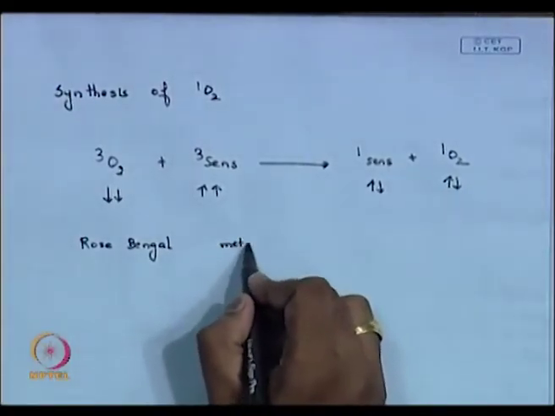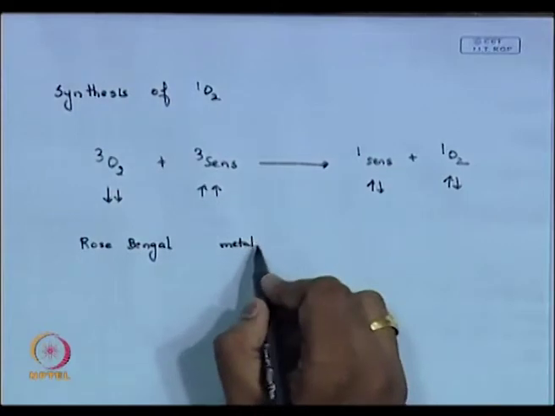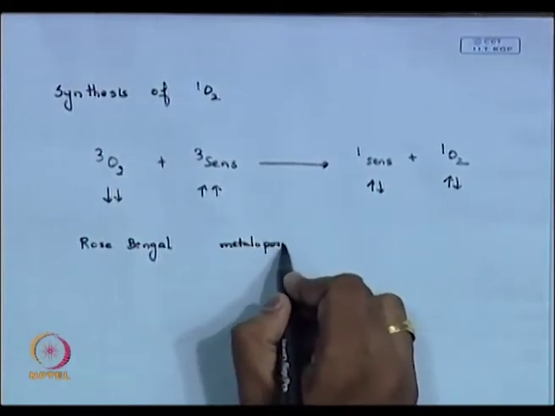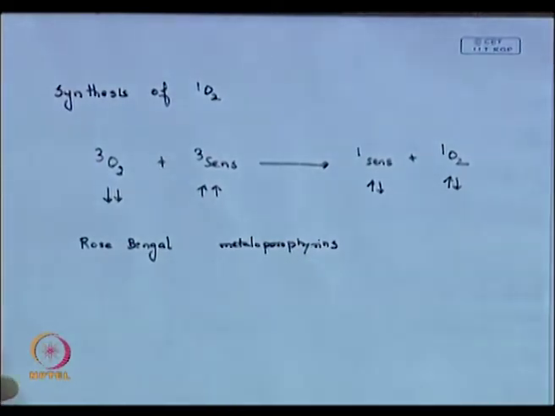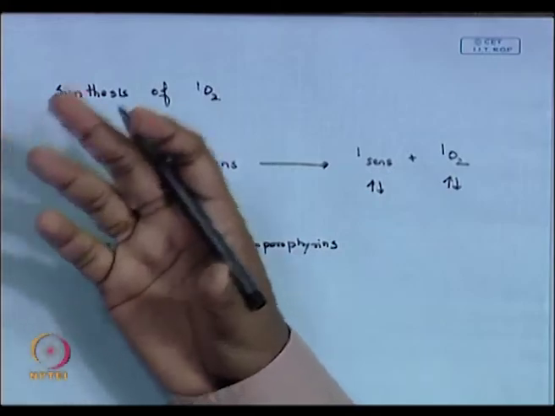Any metalloporphyrins? You can do nice chemistry with metalloporphyrins. People are doing this: you can take an alkene, you can take your ground state oxygen, you put light and you put a metalloporphyrin, you end up with a Diels-Alder reaction. Okay.